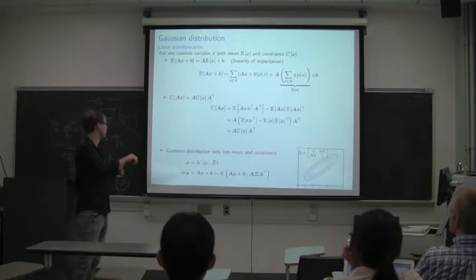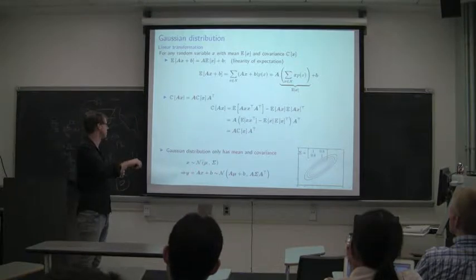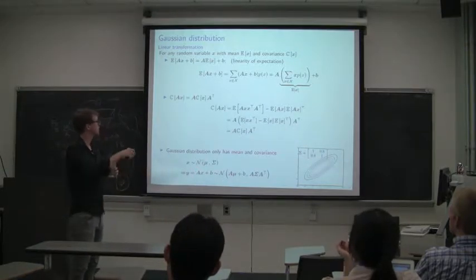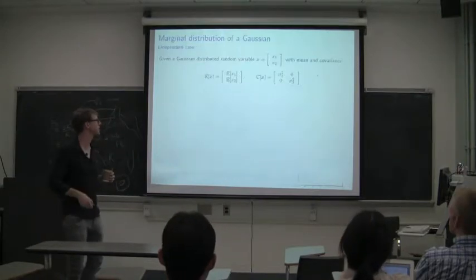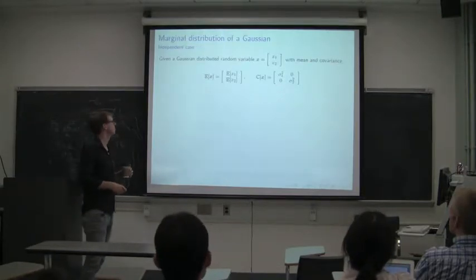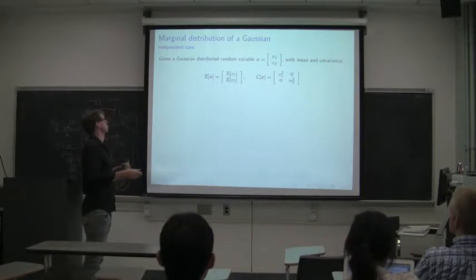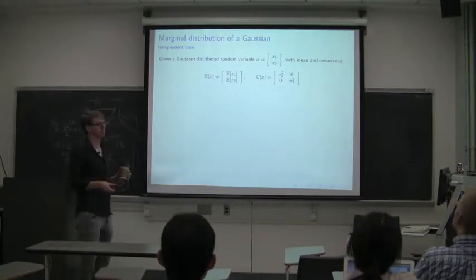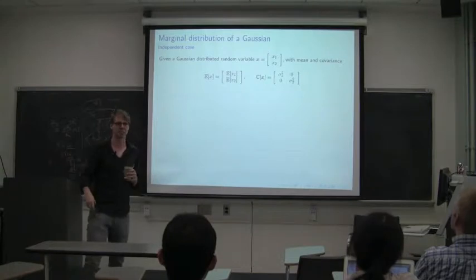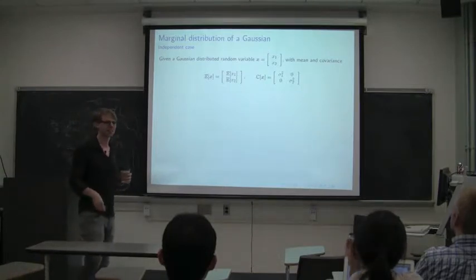So if we take a Gaussian variable, then the linear transformation of that Gaussian variable will also have a Gaussian distribution with that mean and that covariance matrix.